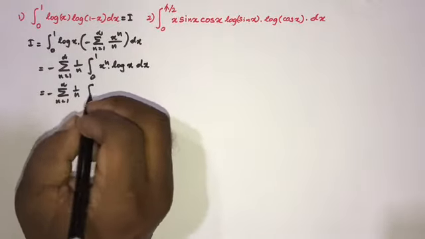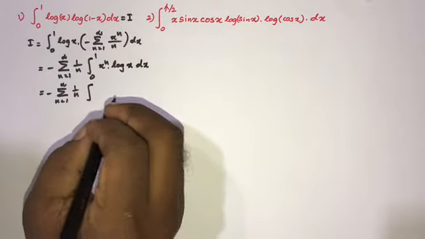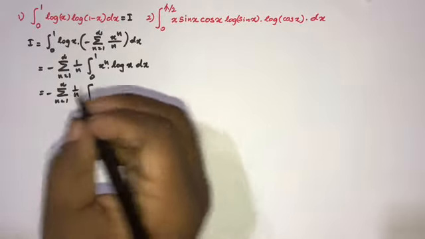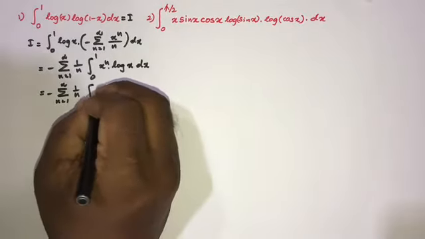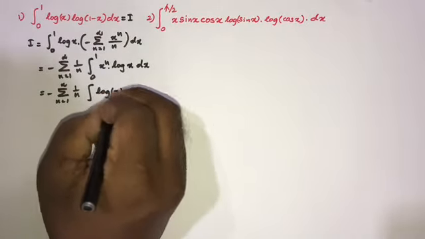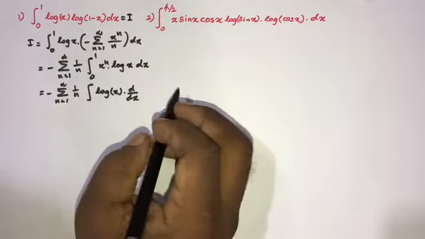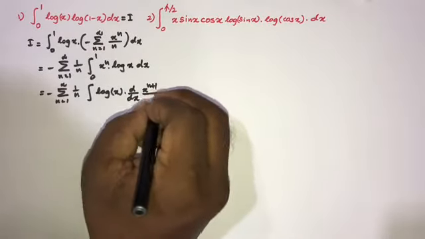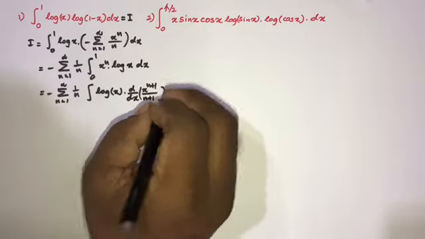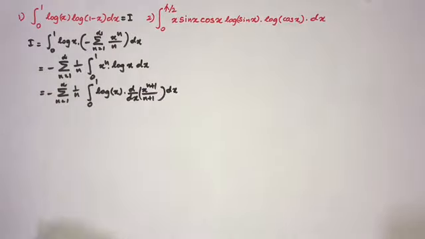Now I am going to use the integration by parts method. So if we take natural log of x as a first function, so rewrite natural log of x, then d by dx, then integration of x to the n, we know x to the n plus 1 over n plus 1, and here dx, here limit 0 to 1.